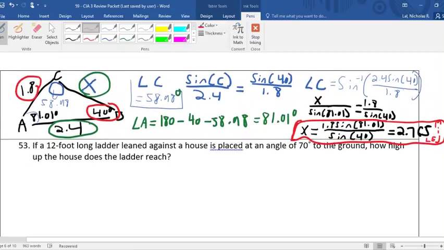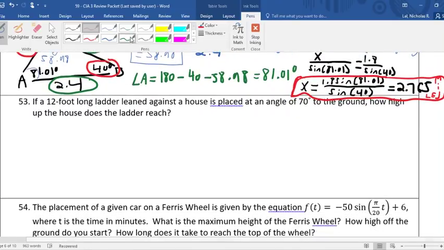53. If a 12-foot long ladder leaned against the house is placed at an angle of 70 degrees to the ground, how high up the house does the ladder reach? So we have a ladder leaned up against the house.